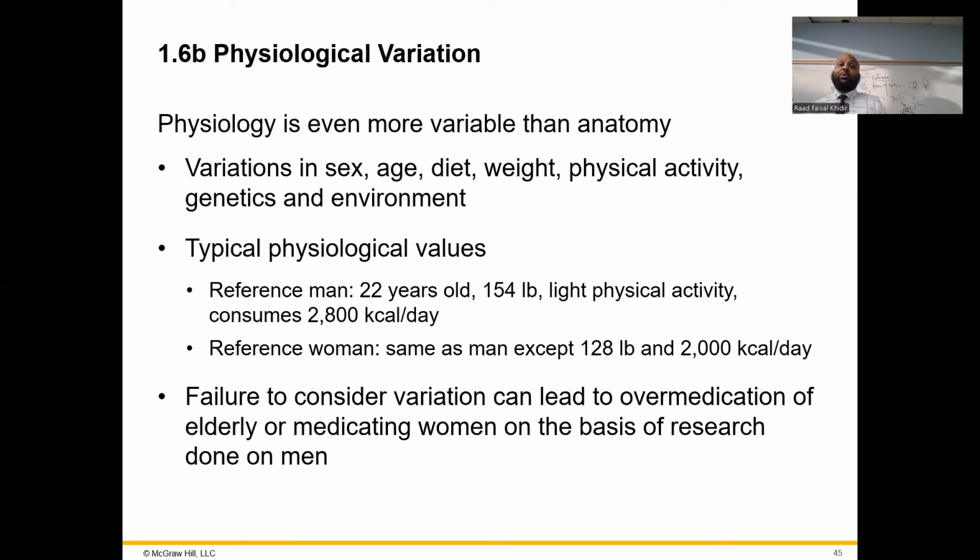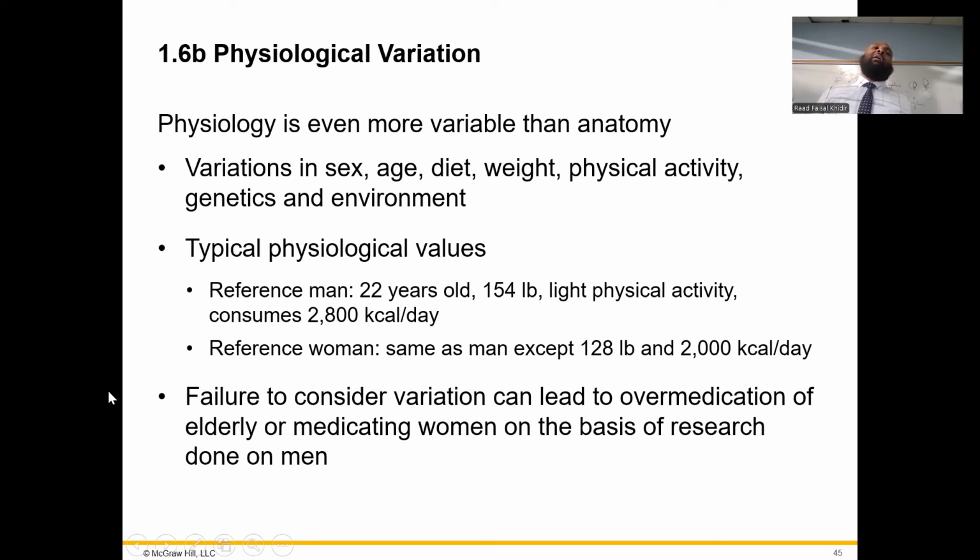So we have to take into account there are sex-specific variations, age-specific variations, diet, weight, physical activity, genetics, and environment. These different factors, we have to take them into account. The failure to consider variation can lead to over-medication of the elderly.